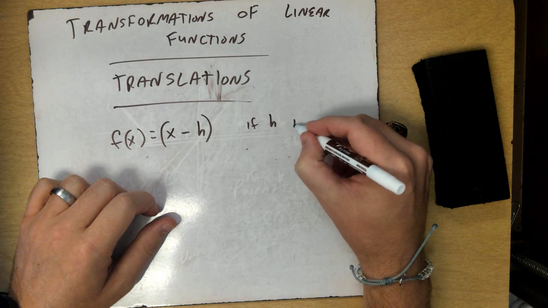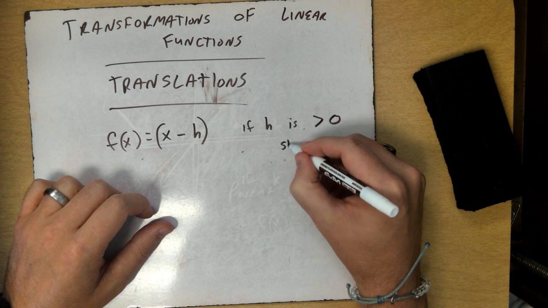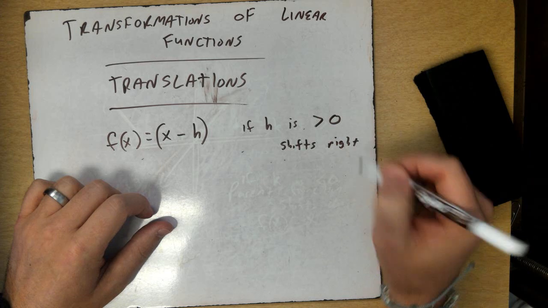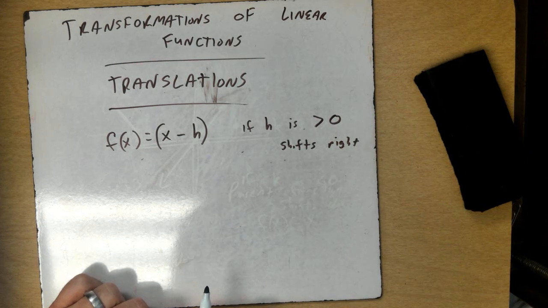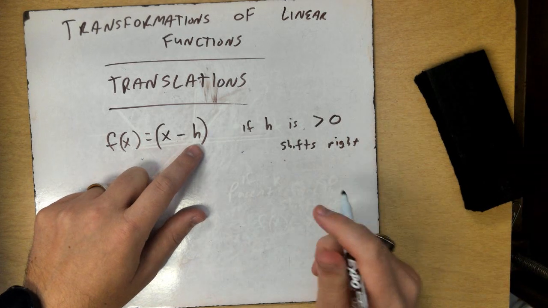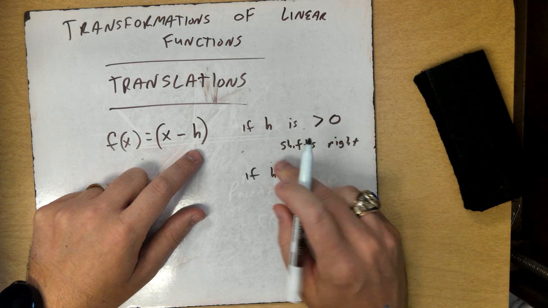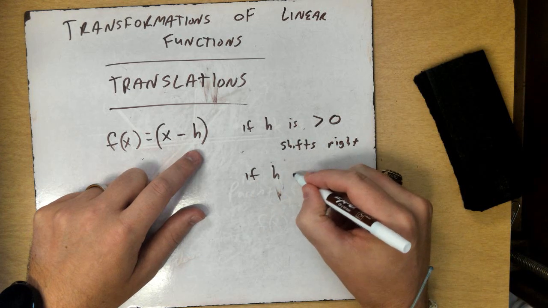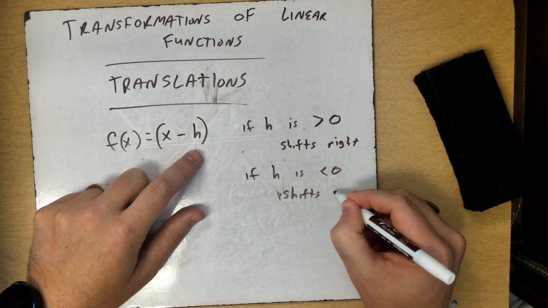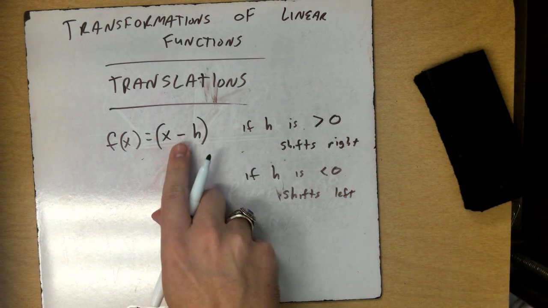If h is greater than 0, all right, then the graph shifts to the right, okay? So if this is greater than 0, it shifts to the right, all right? If h is less than 0, it shifts left, okay?